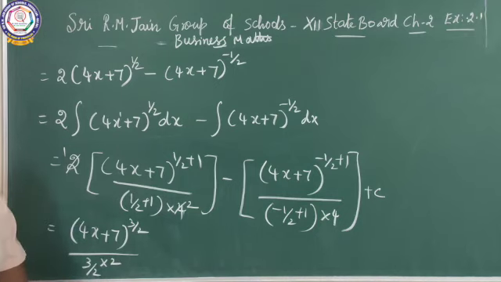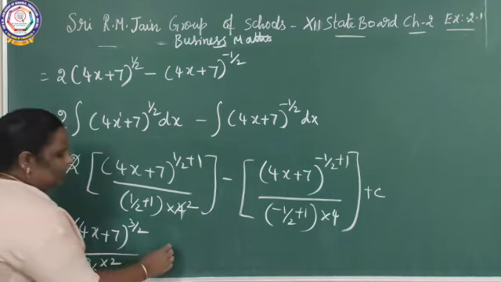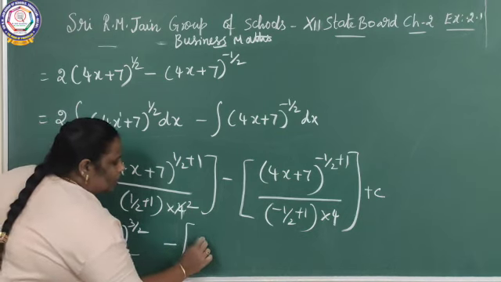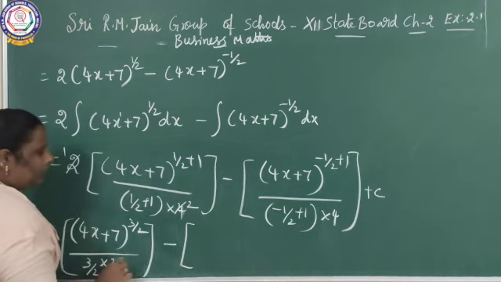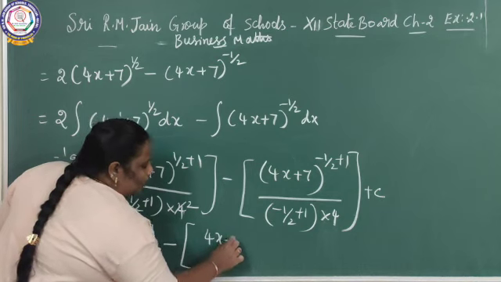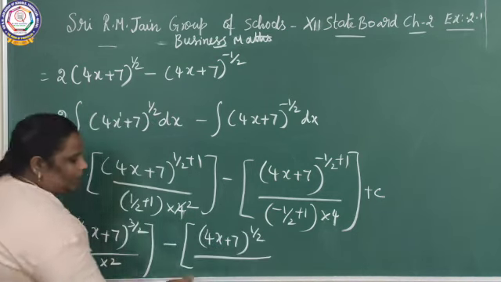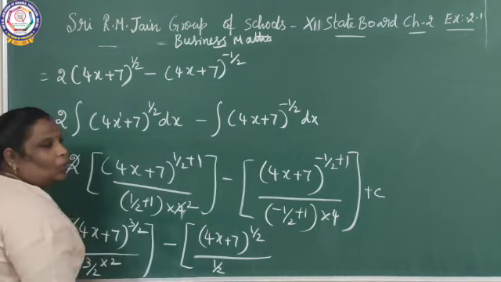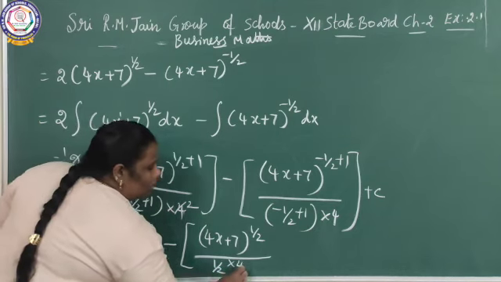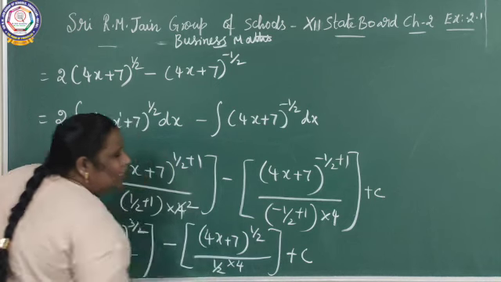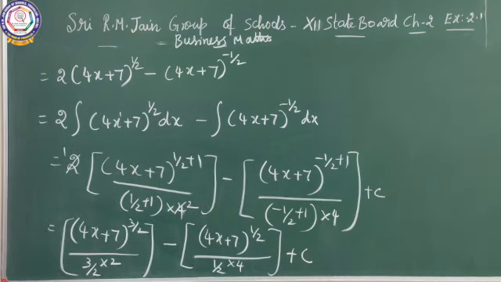See here, minus (4x + 7) whole power 1 by 2 by 1 by 2 into 4, plus c.